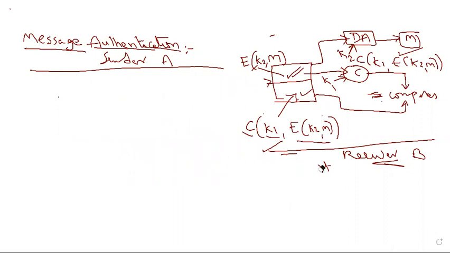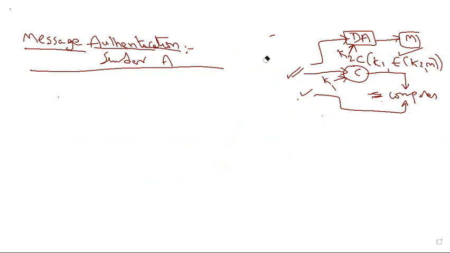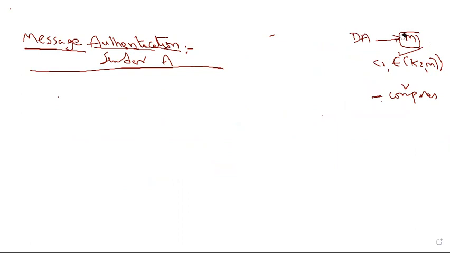Instead of encrypting the message first, we generate the MAC code from the message as in the first configuration, but we are not going to send that message as it is. We are going to encrypt the entire concatenated information. That is another alternate for providing confidentiality. I will show you that now.